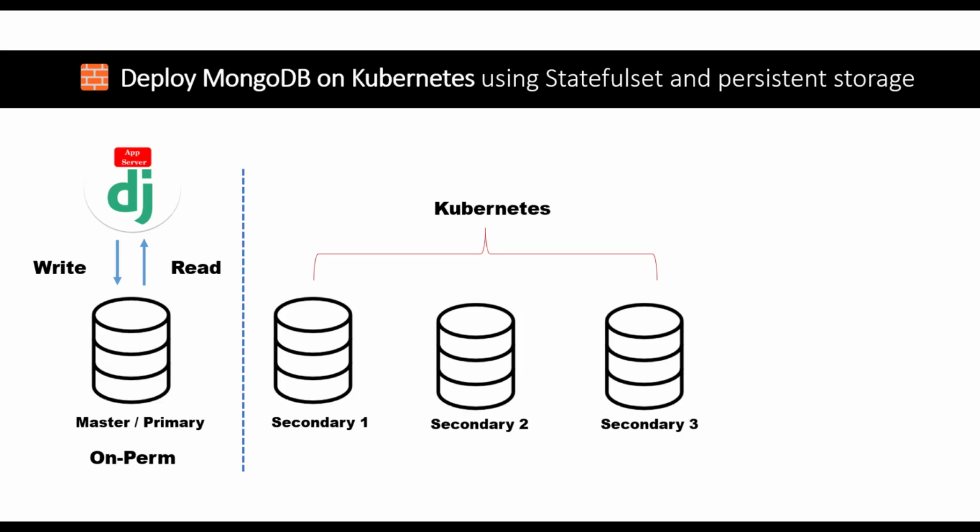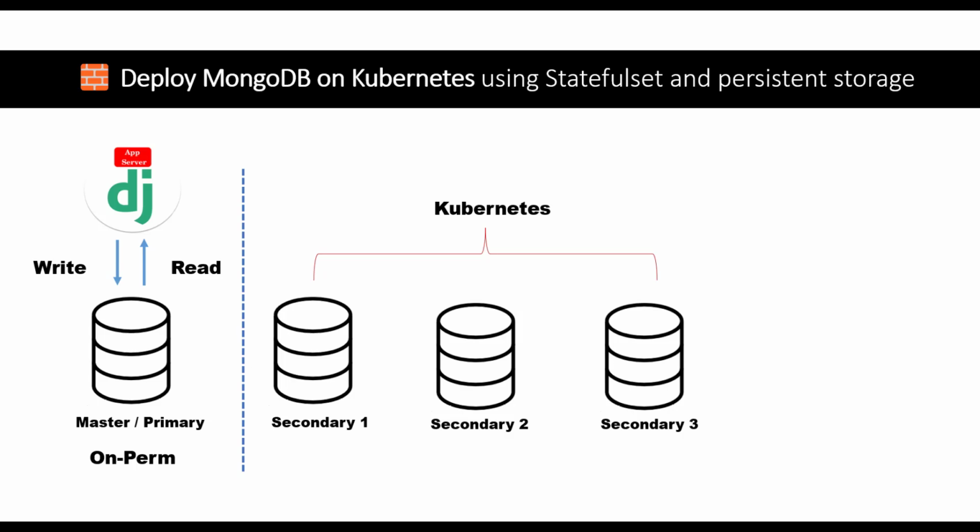At the moment we have 3 pods playing as secondary 1, secondary 2 and secondary 3. So we have a MongoDB cluster with 4 servers, 1 on-prem and 3 on Kubernetes.